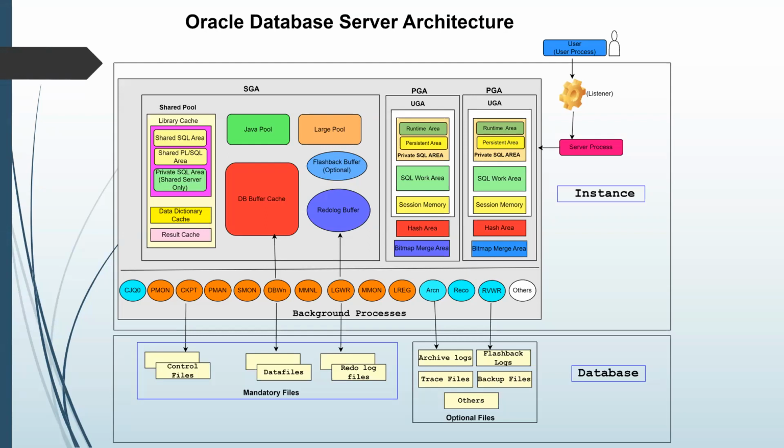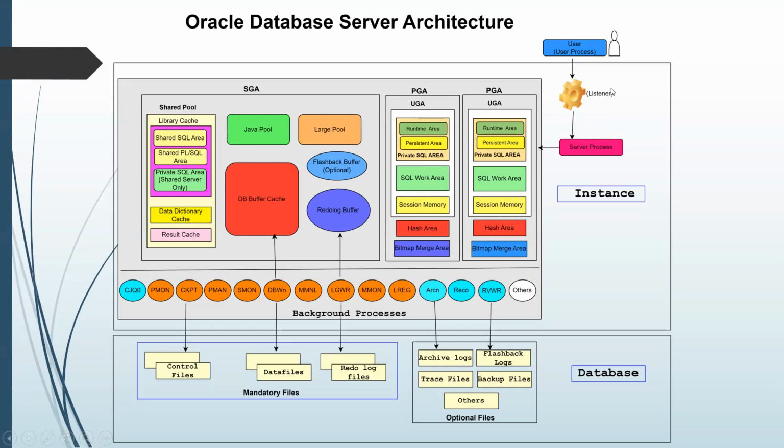As soon as the user provides the user ID and password, there is something called a listener process, that you see here in this diagram. This listener process is running on the server side. It is a server side process. The job of this listener is to fetch the user credentials and get them validated with the database.